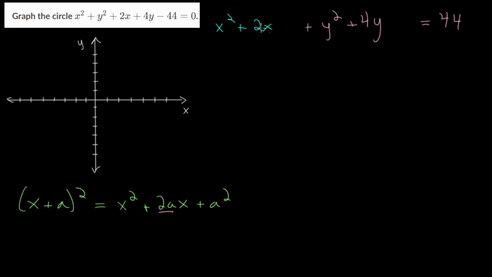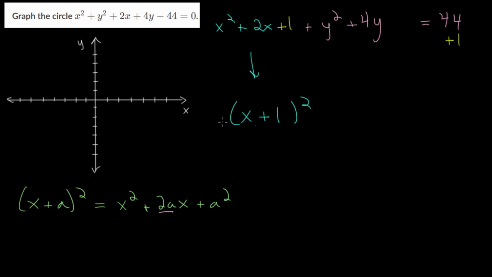So with x, we will take this number, divide it in half, and that will be 1, and then we will square that. And 1 squared is 1. So if we add 1 to each side of this equation, then we can take this quadratic expression and rewrite it down here as x plus a squared, where again, a is just half this coefficient on x.